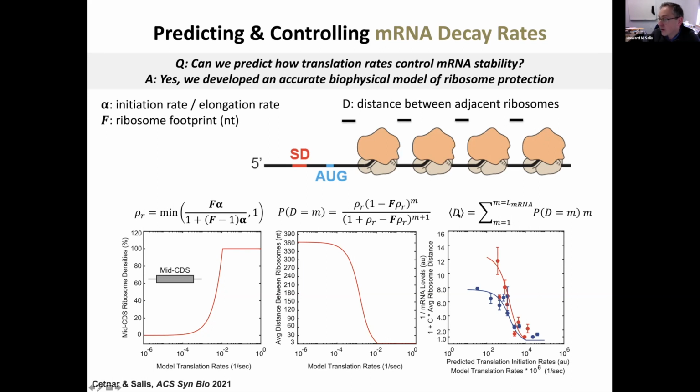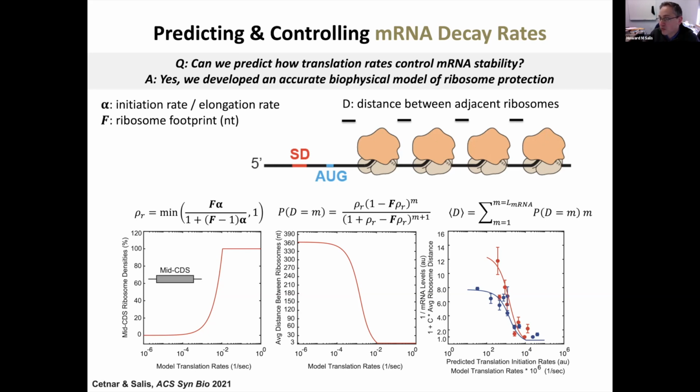And we can calculate the average distance between adjacent ribosomes. And it's that average distance between adjacent ribosomes that we hypothesize would directly control the mRNA's decay rate.